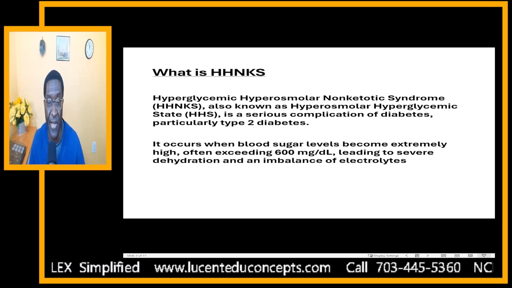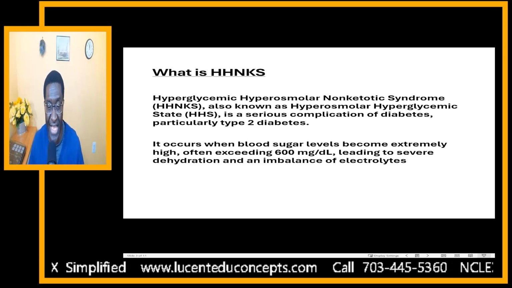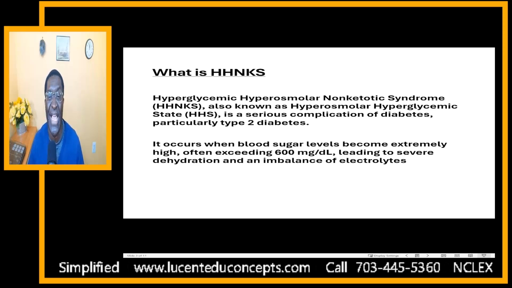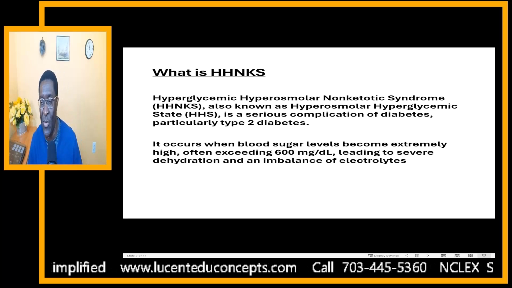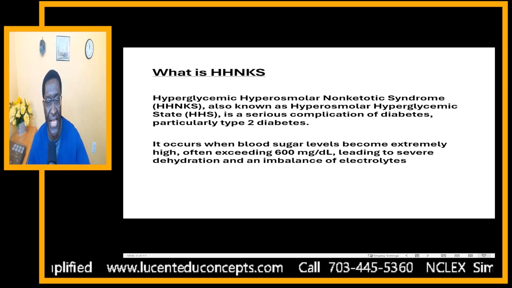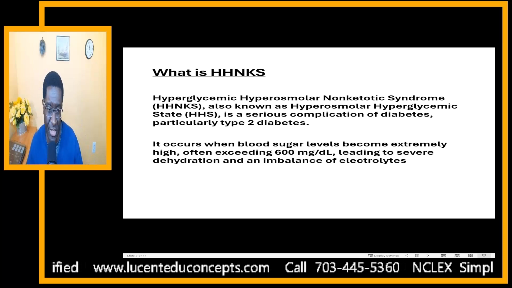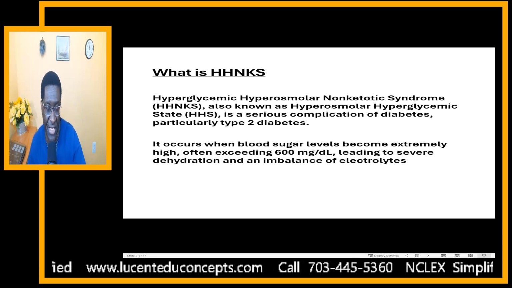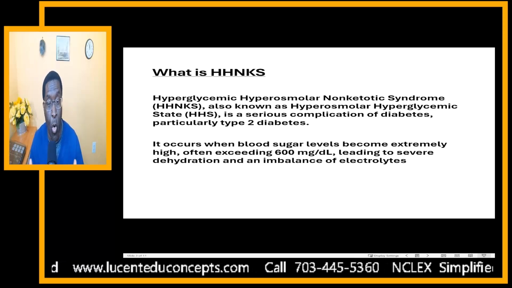I have seen a patient who came into the emergency room with HHS, and his sugar level was 1,000. So keep in mind that in HHNKS or HHS, we have higher levels of sugar, hyperglycemia, as opposed to DKA, which is more minimal.